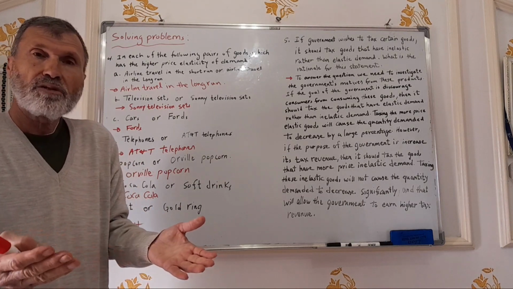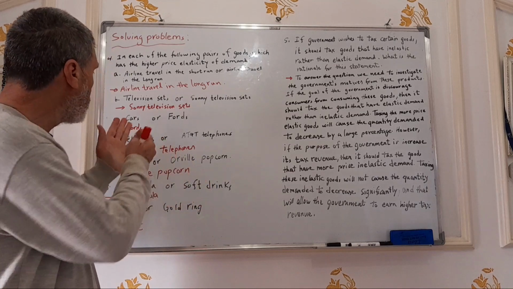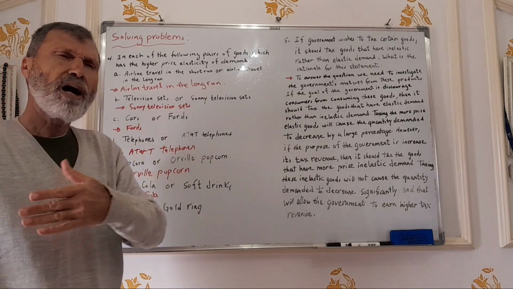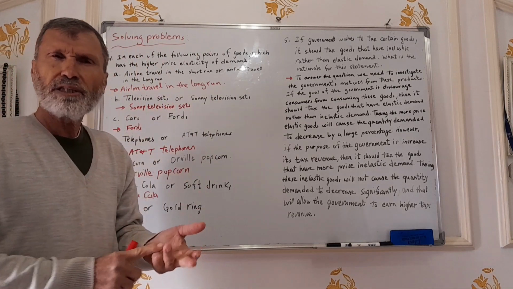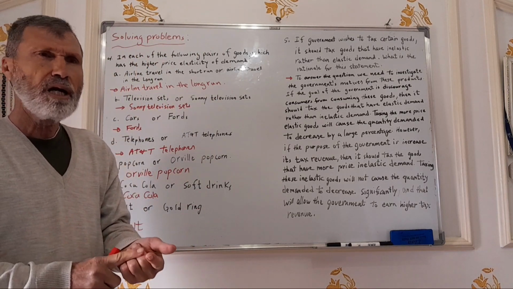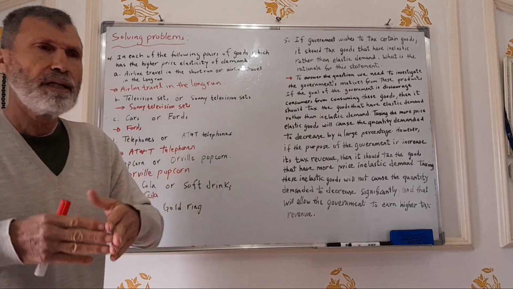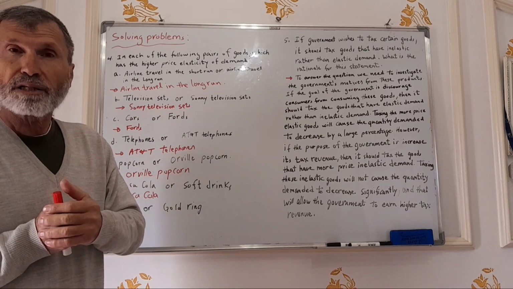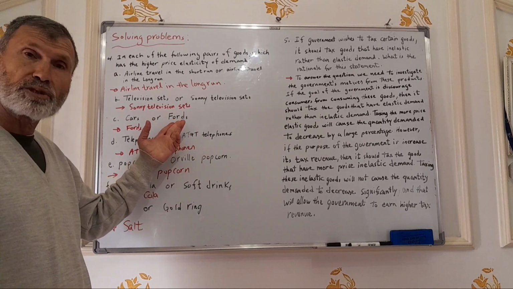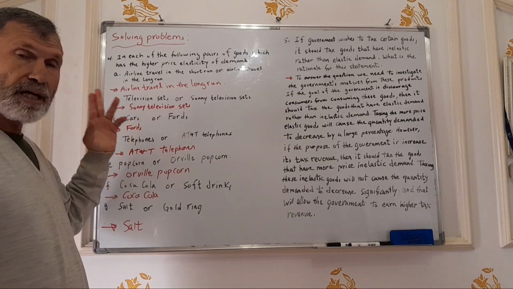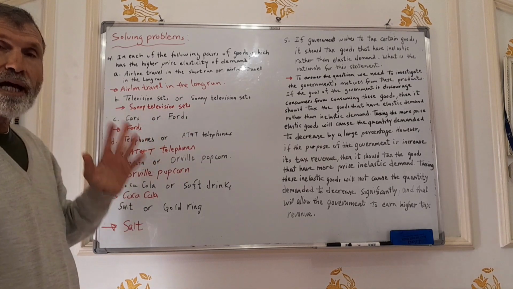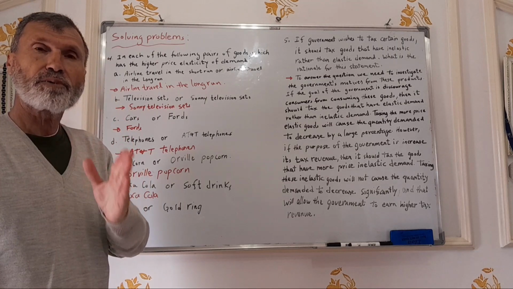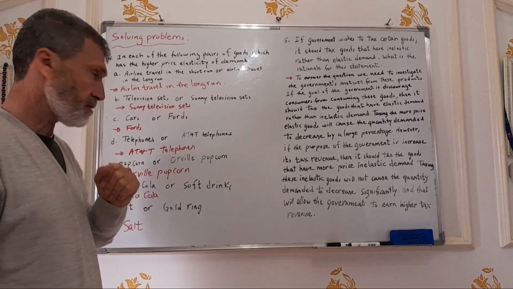These are substitutes of cars. But how about brands of cars? You have hundreds of brands: Mercedes, BMW, Toyota, Cadillac. You have hundreds and hundreds of brands of cars. Therefore, here we have more substitutes than cars. Therefore, Fords will have higher price elasticity of demand than cars.